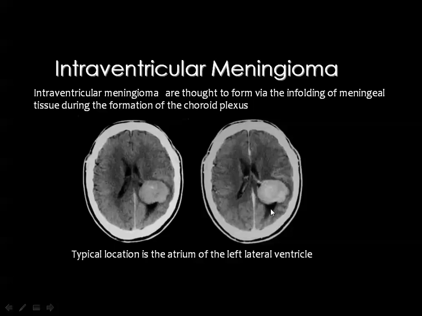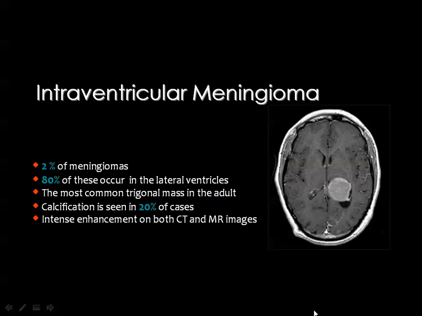Then this horn will be dilated, and sometimes you will see retrograde transependymal CSF permeation around this dilated horn. This is a classic appearance of an intraventricular meningioma in the trigone of the left lateral ventricle, showing homogeneous contrast enhancement in this T1 weighted image.